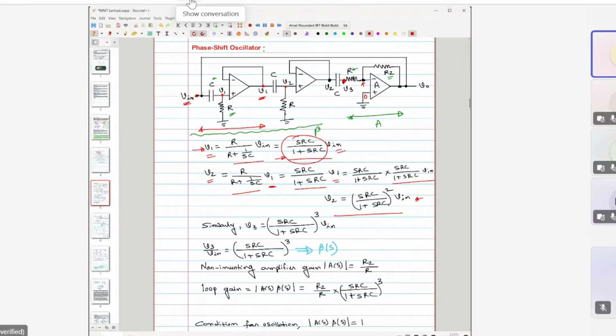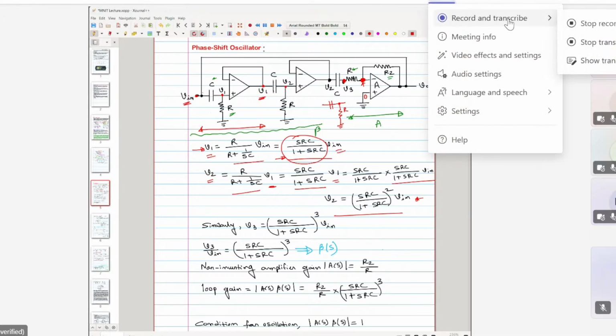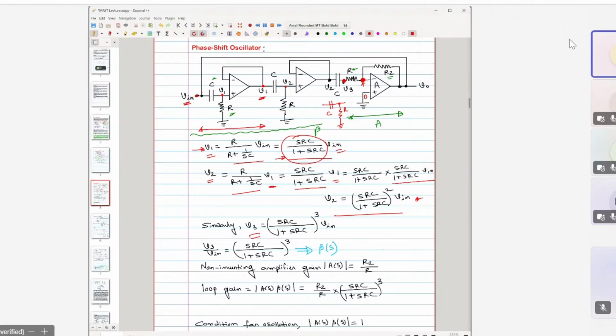So here the potential is also zero. So this V2 is connected with this capacitor, then this R, and then R is being virtually grounded. So it is the same thing as the previous two, right? C and R. Then if you use the same logic, V3 can be easily written as SRC by 1 plus SRC cube into V in, right?